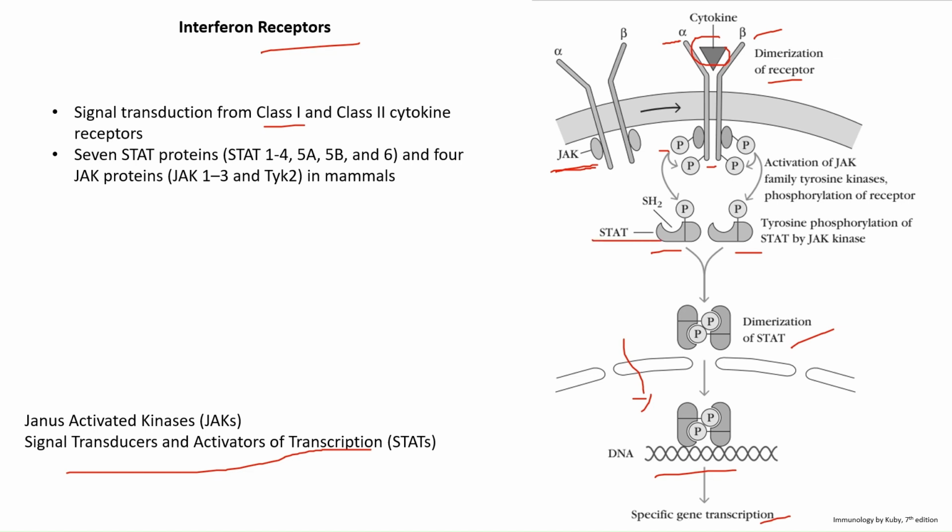This is known as the JAK-STAT signaling pathway. In mammals, there are 7 STAT proteins and 4 JAK proteins responsible for signal transduction, depending upon the type of cytokine.